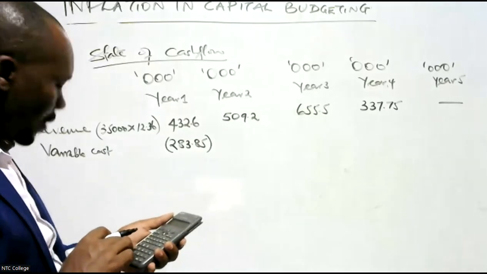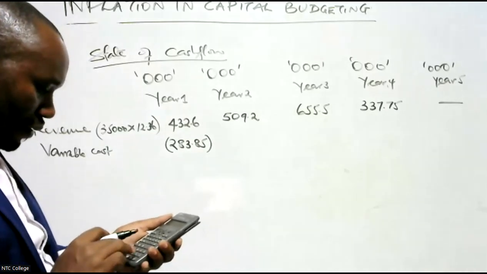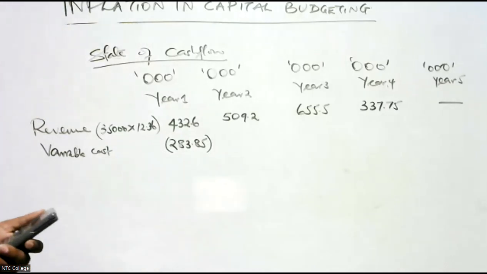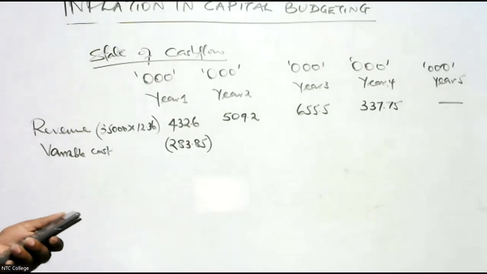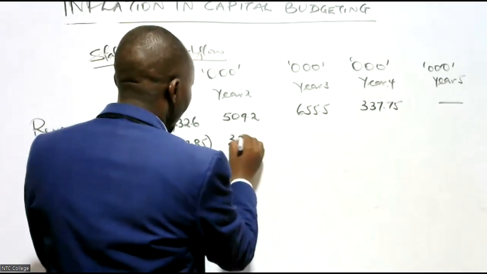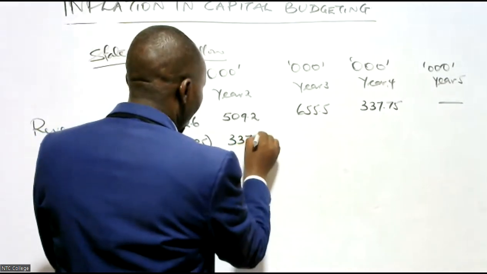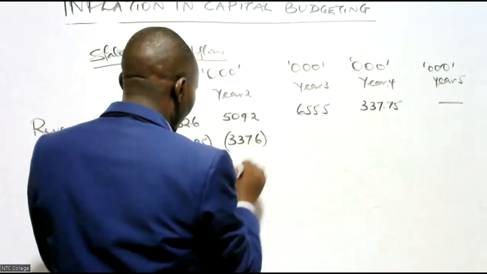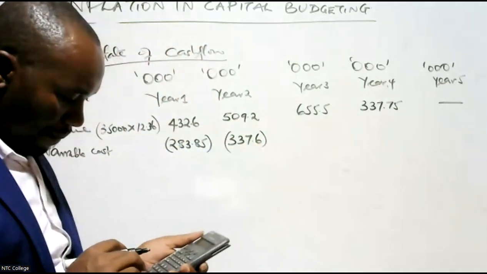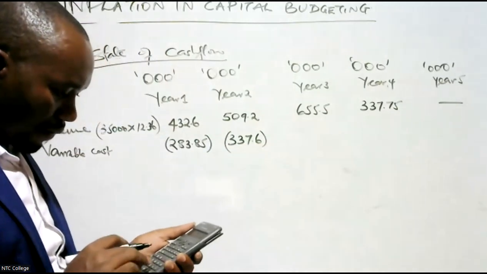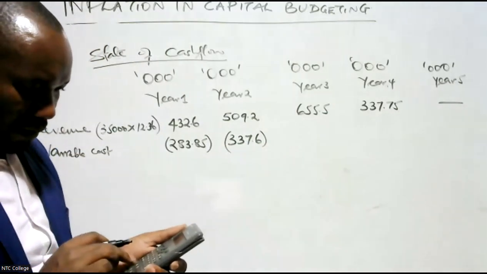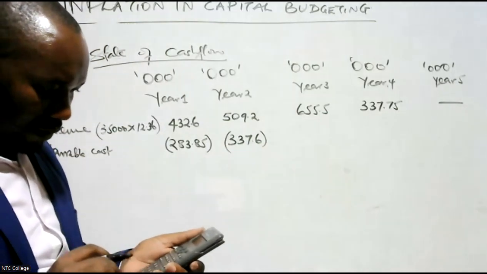Then we have 40 times 8.44. Then we have 50 times 8.77.